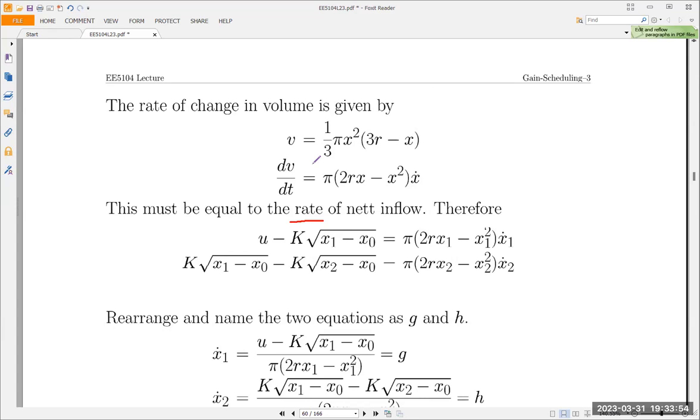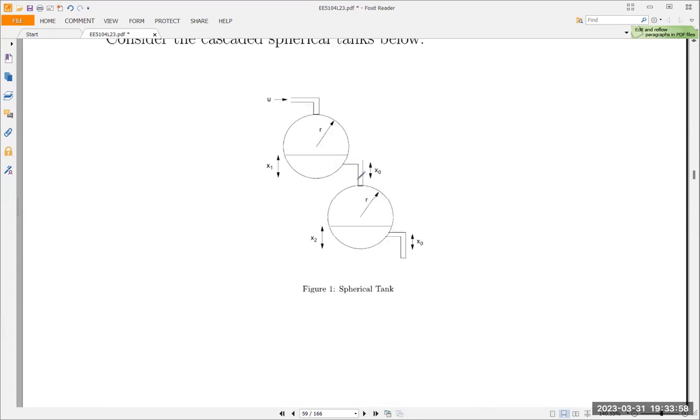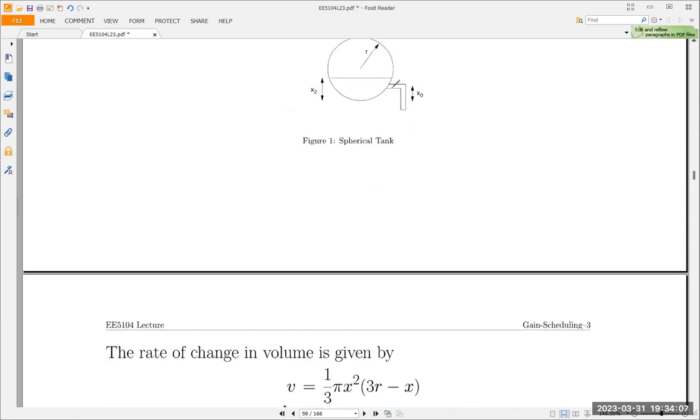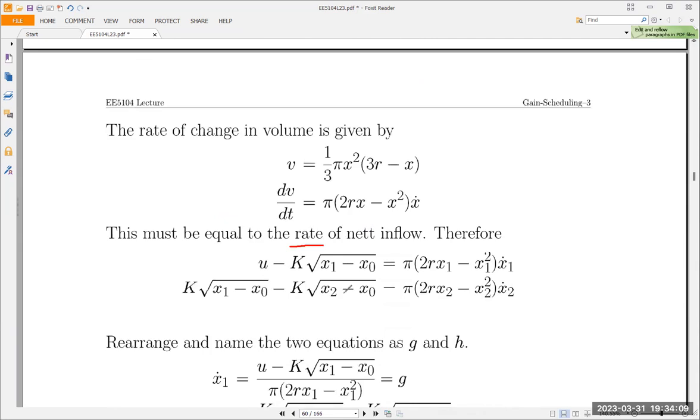So that's for the first tank. Then this one, what goes out from the first tank in 1 second is this one, minus what goes out of the second tank in 1 second. What goes out here? Same formula as this, but here you take x2 as the height.